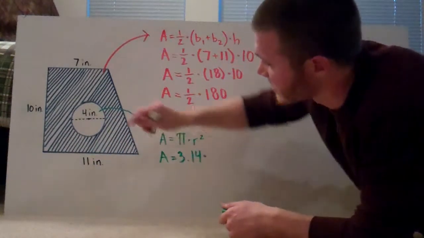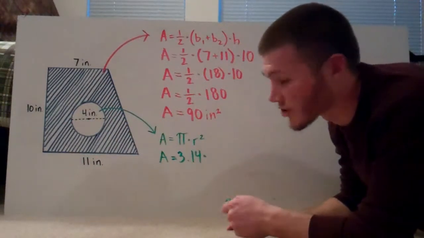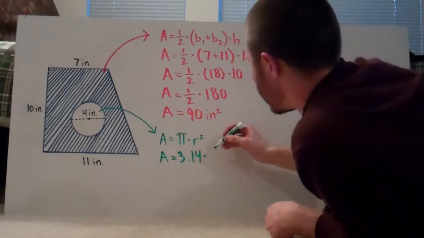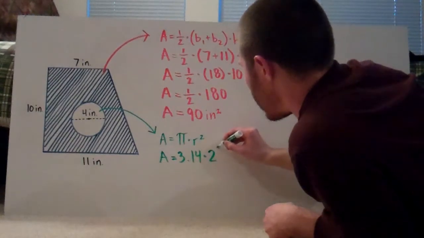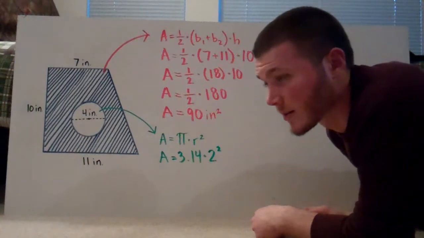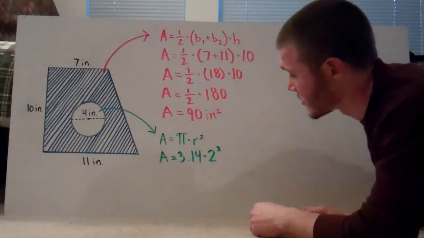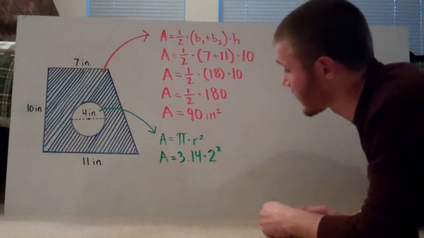But the radius is from the center to the outside, so it must be half that. So r should have been 2. So you have to take 2 and put it to the second power. 2 squared is 2 times itself, and 2 times 2 is 4.